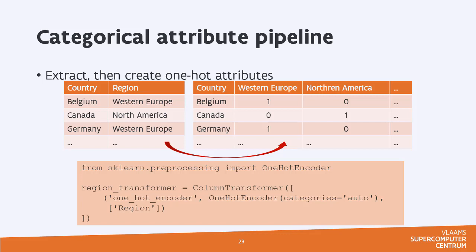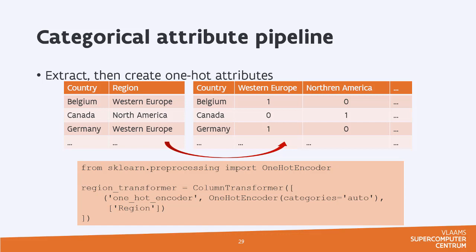So again, from preprocessing, we import the one hot encoder and we create a region transformer. So again, it's a column transformer because we want to extract from a pandas data frame, and the name of this pipeline component, this transformer, is one hot encoder.